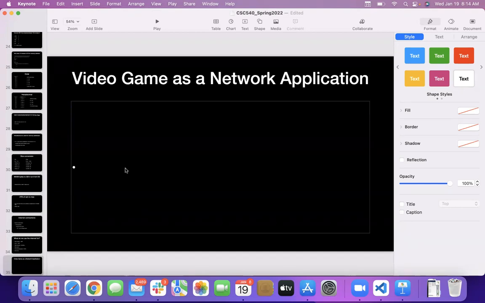Now, if you look at a modern video game like Call of Duty, which would be considered a AAA video game, it's made by Blizzard Activision, and, I don't know if you saw the news yesterday, Microsoft bought them. So technically it's made by Microsoft now. Interesting news. But it's made by a big company with a lot of money behind it.